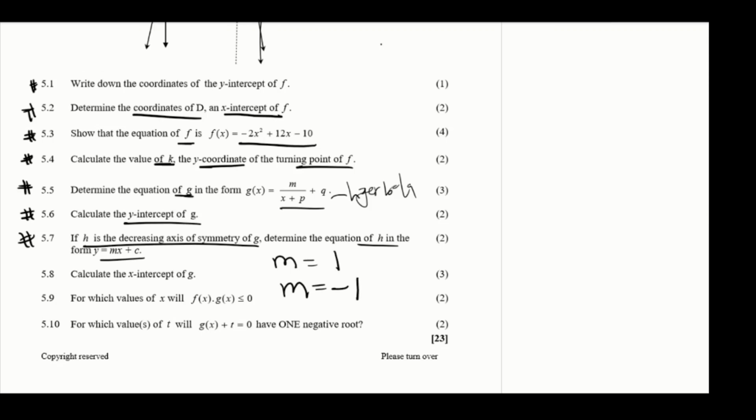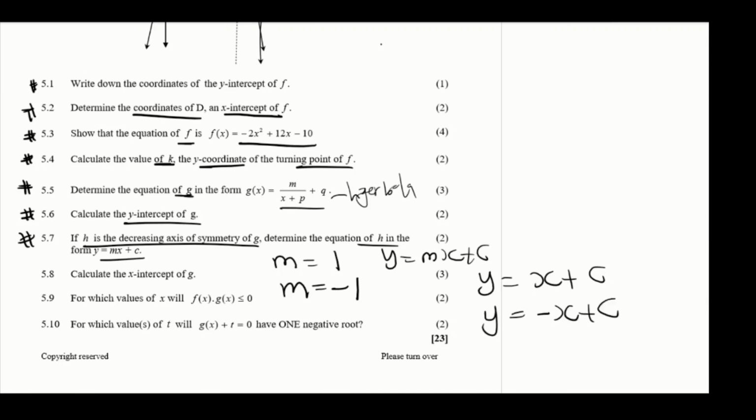So for us to find the equation of our axis of symmetry, whether positive or negative, we need to use y is equal to mx plus c, knowing the value of m. If it's a positive axis of symmetry, it's going to be y = x plus c. If it's a negative axis of symmetry, it's going to be y is equal to -x plus c.